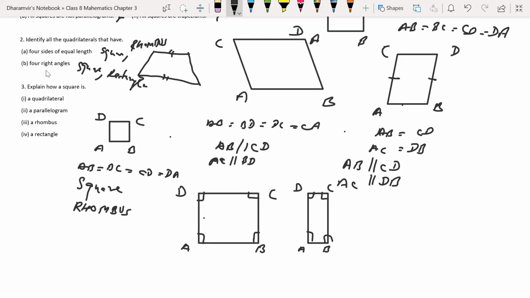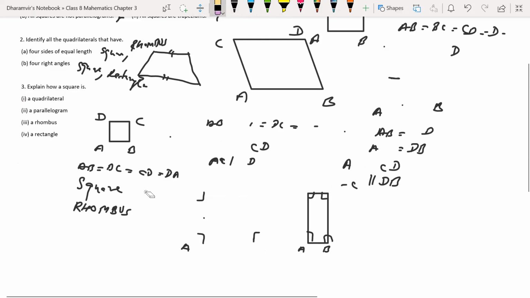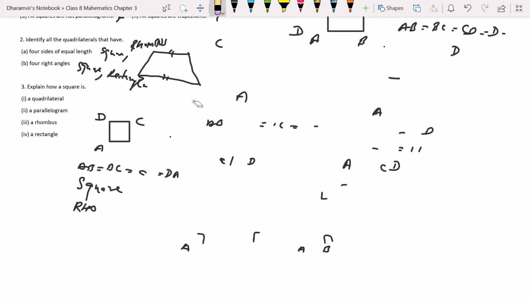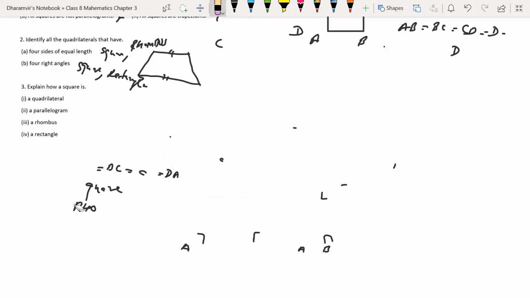Now come to the third question, number 3. Explain how a square is a quadrilateral. Can you explain that a square is a quadrilateral? Yes, because a quadrilateral has 4 sides.